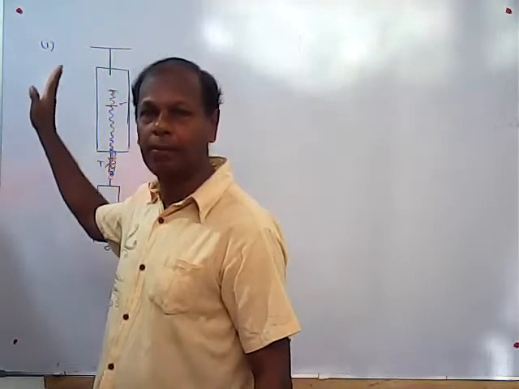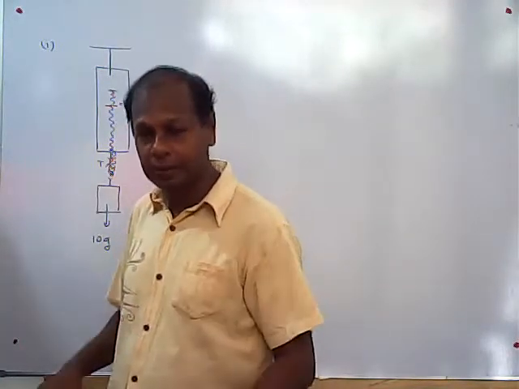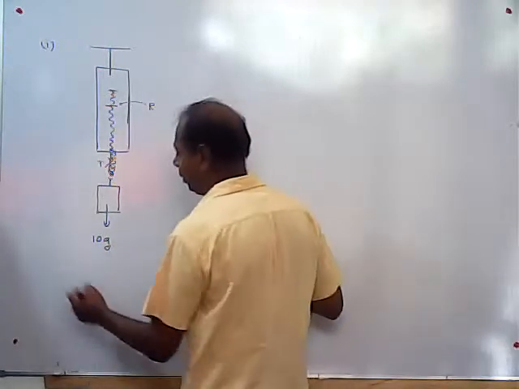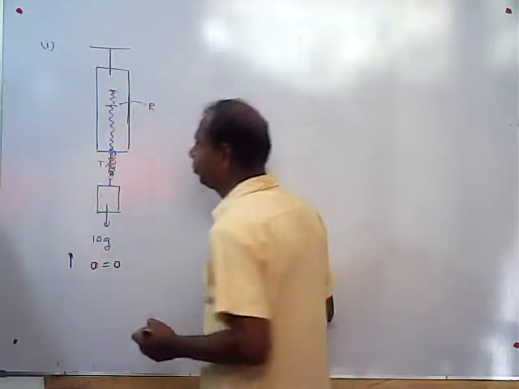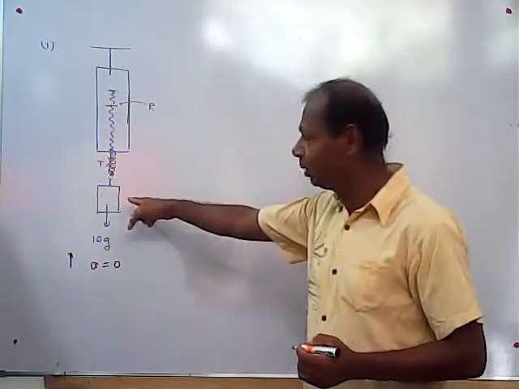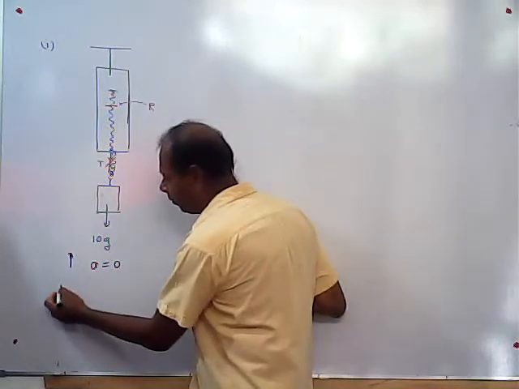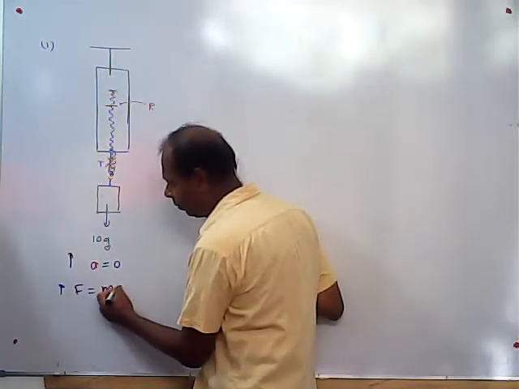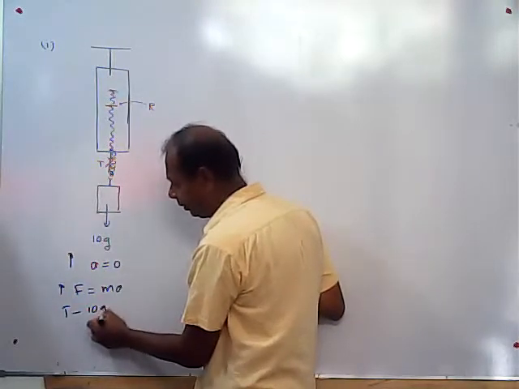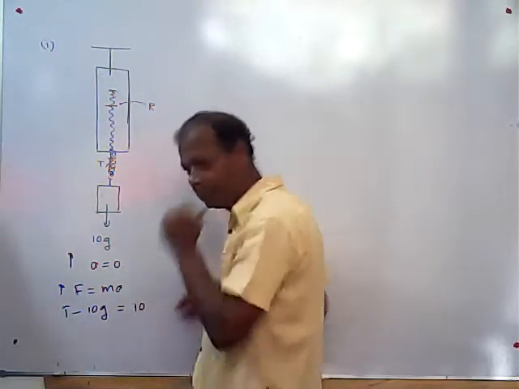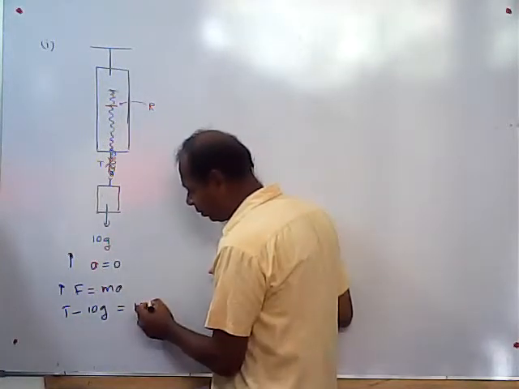Part one, the elevator is going up at uniform velocity, so there is no acceleration. My acceleration is 0. To find T, we apply F equals ma for this mass. T minus 10g equals m, which is 10, times acceleration, which is 0.